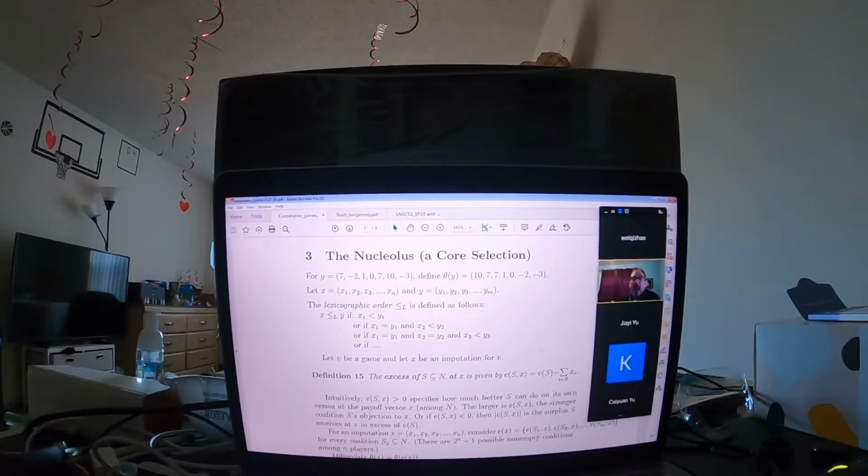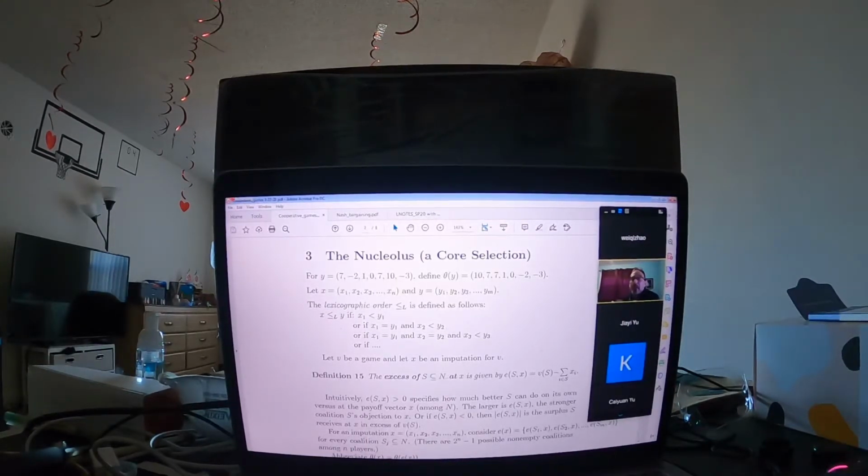At that recommendation, or at that payoff vector, we would say that the excess of a coalition S at that point is given by this notation. So the excess of S at X is given by the difference between the worth of the coalition and the amount the coalition receives according to the payoff vector X, according to the imputation X.